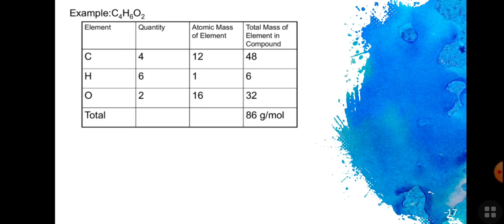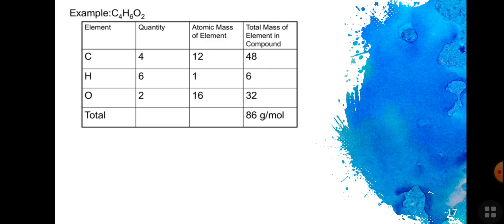Then, we multiply those values by its atomic mass. Then, independently, meron na tayong iba't ibang molar masses. So, we have 48 for carbon, 6 for hydrogen, and 32 for oxygen. So, those molar masses ng bawat elements, i-add natin. So, we get the sum, then we will arrive at 86 gram per mole, which is the molar mass of this compound.